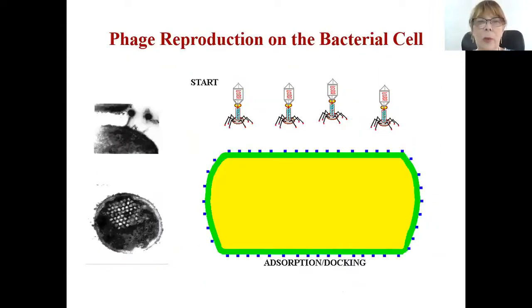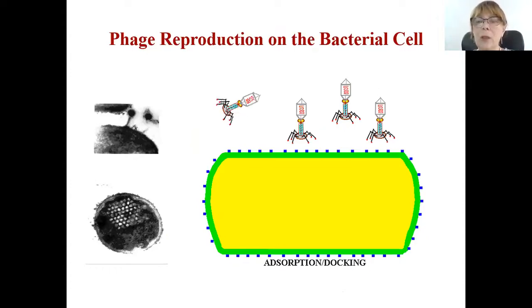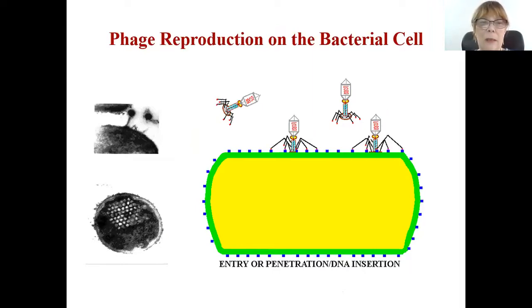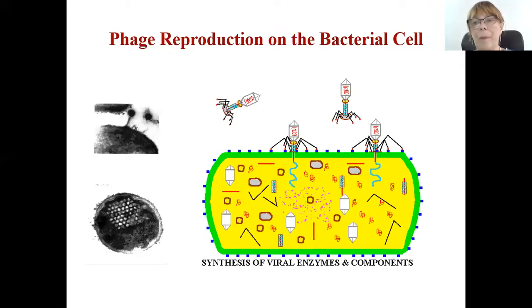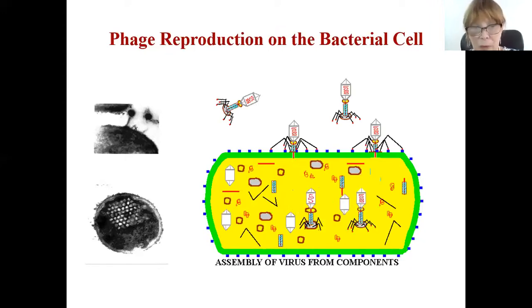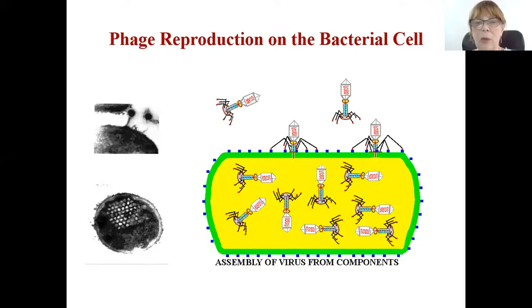But today, what do we know about phage reproduction? Bacteriophages are, of course, bacterial viruses, so their life cycle is parasitic and they need the host bacteria to reproduce their genome. There are several stages of phage-bacterial interaction.